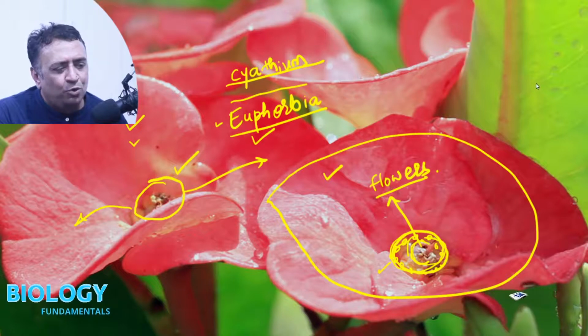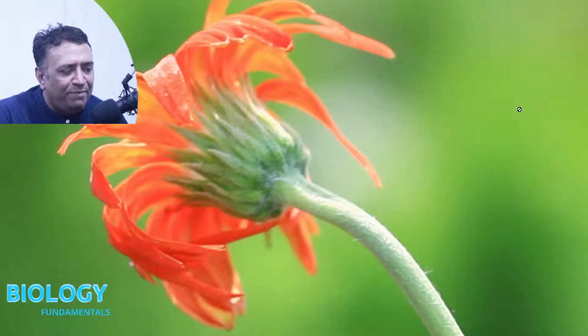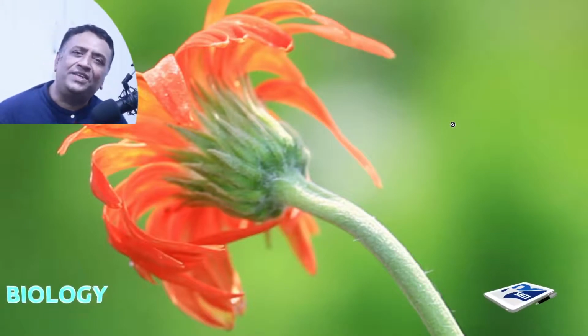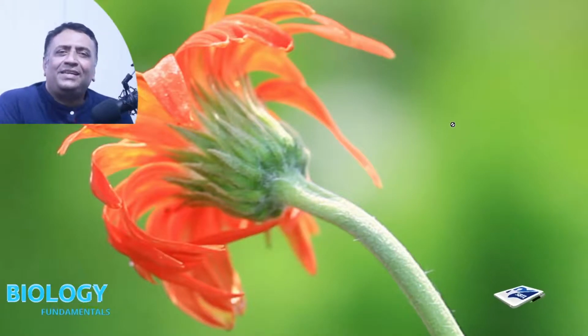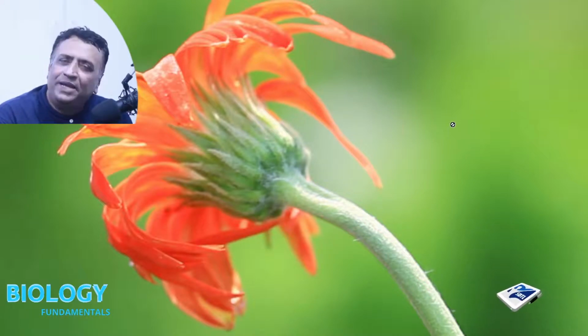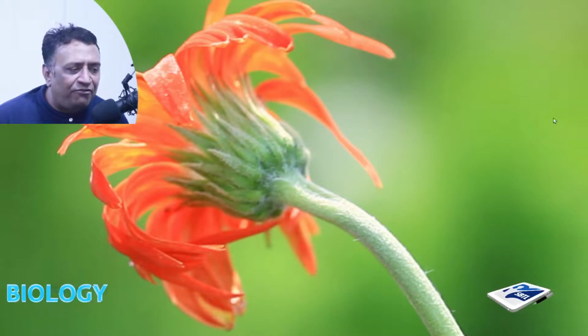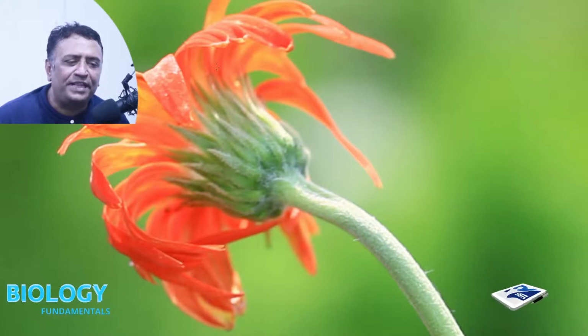And now let's go to one more type of bract that is found in family Asteraceae. The Asteraceae family is also called the Compositae family. This family is called so because compound flowers are found in them.